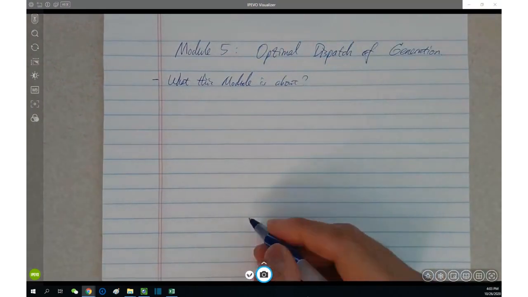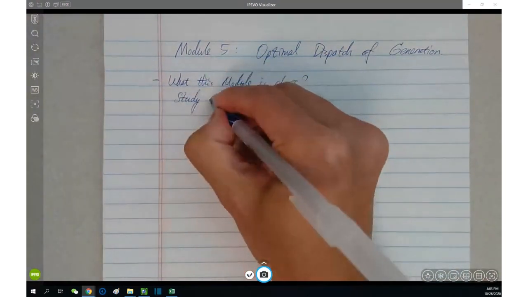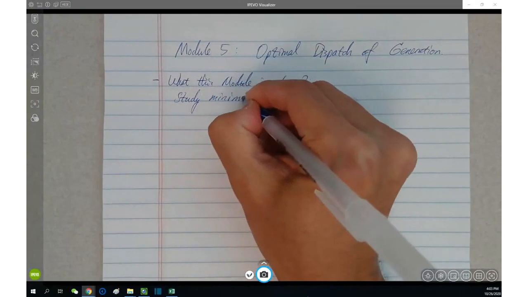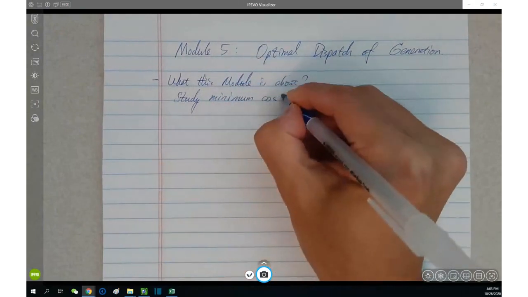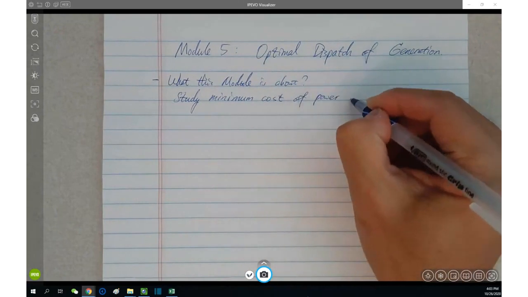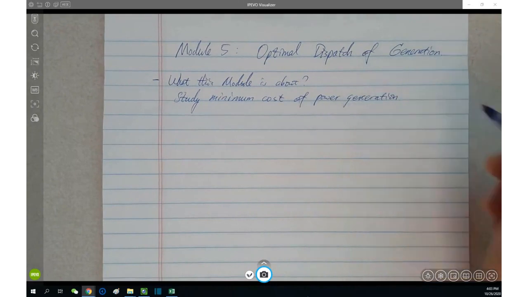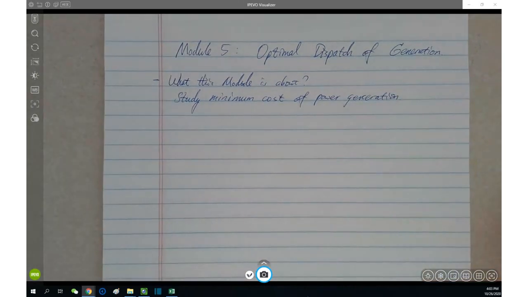You study the minimum cost of power generation. Or say, find the minimum cost of power generation.